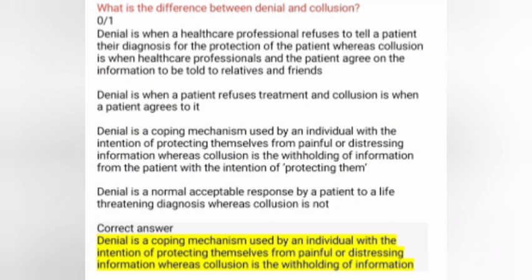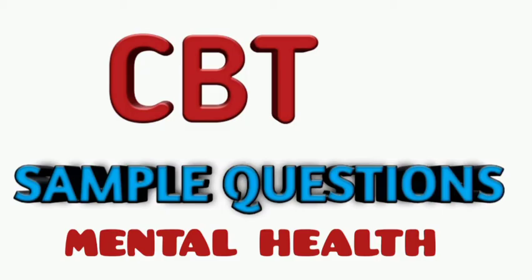Option C, denial is a coping mechanism used by an individual with the intention of protecting themselves from painful or distressing information, whereas collusion is the withholding of information from the patient with the intention of protecting them. The correct answer is option C.